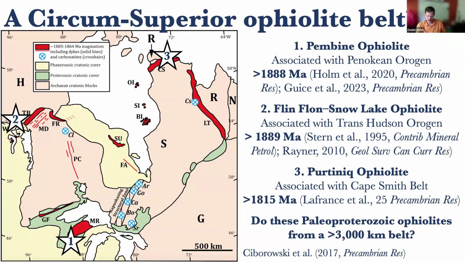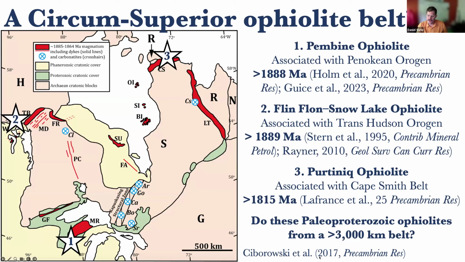So what we have is a volcanic stratigraphy that appears to have a supra-subduction zone signature, which has been associated with subduction initiation. There is a constraint from an intrusion which requires it to be older than 1888 million years ago, and it's associated with the Penokean orogeny.